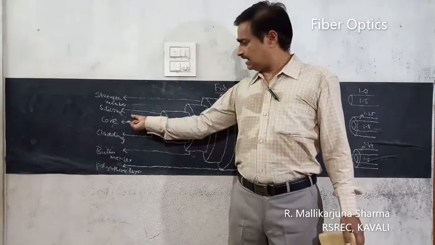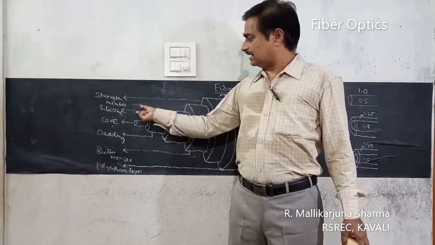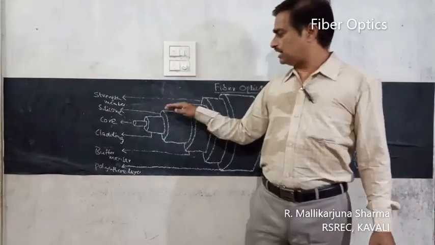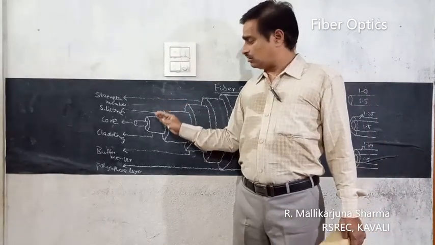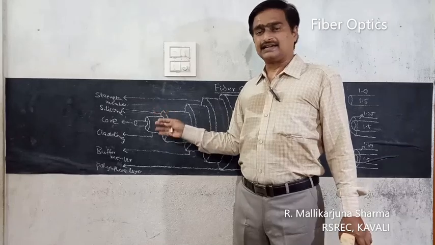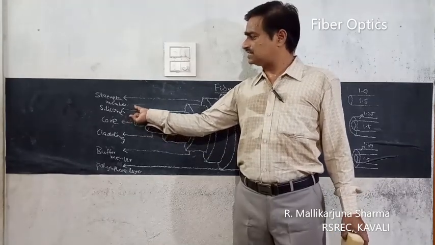The core sends the light and the cladding reflects the light. In the same way, this silicone coating brings some of the light back into the core and cladding structure, so that the quality of light is increased. That is the purpose of the silicone coating.